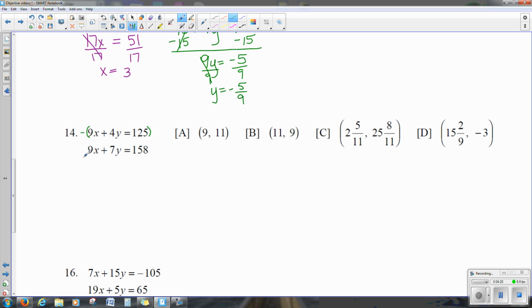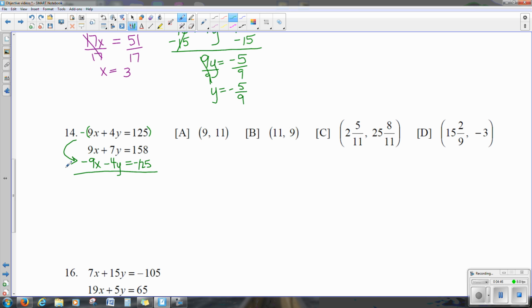So I'm going to rewrite this. Actually, I'm going to just keep this second equation right here. Keeping that right there. And I'm going to rewrite this one, but I'm going to multiply everything by a negative. So I'm going to get negative 9x and negative 4y, and they're equal to negative 125.